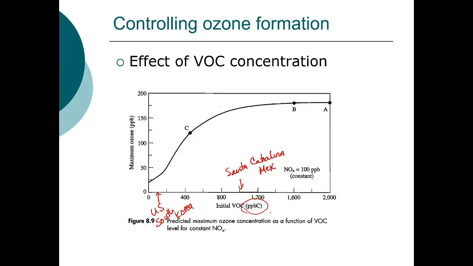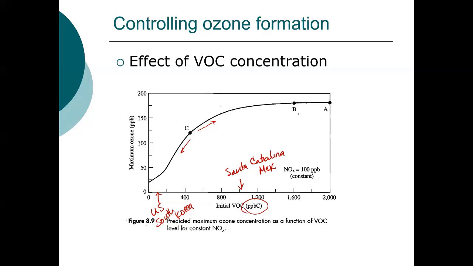So notice if we're in, let's take this region here. If we decrease the VOC concentration, we get a decrease in the ozone concentration. If we increase it, we get an increase, but it's not linear.